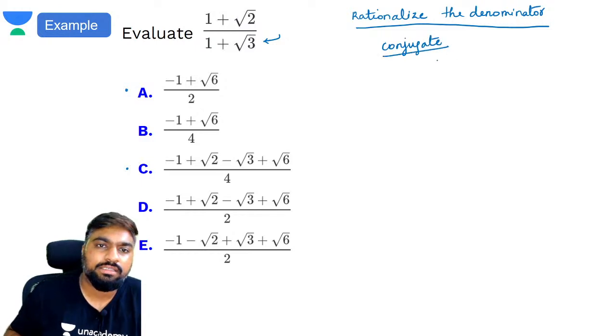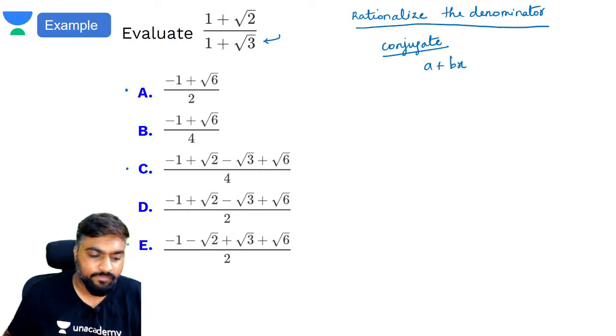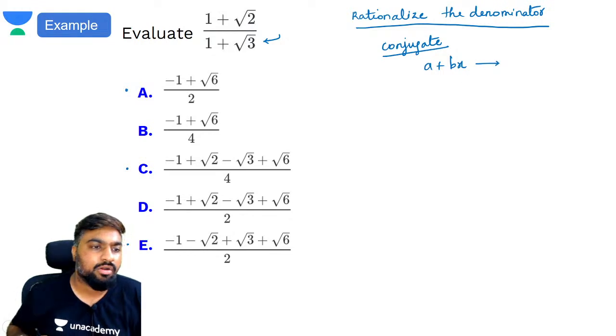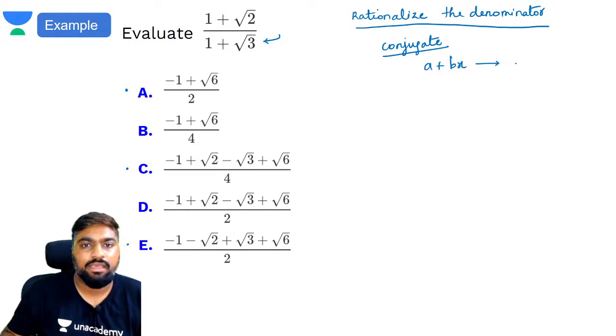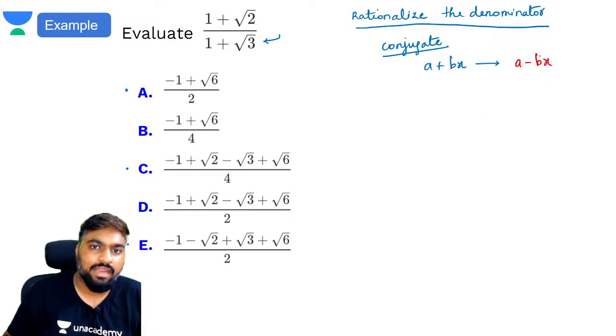Conjugate is when you have something, let's say a plus bx. What will be the conjugate of a plus bx? It will become a minus bx, where x could be anything, square root, cube root, whatever.